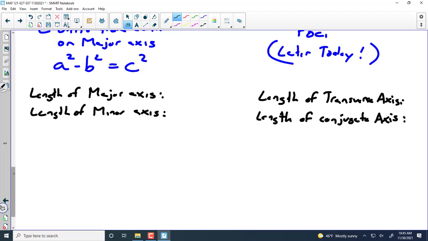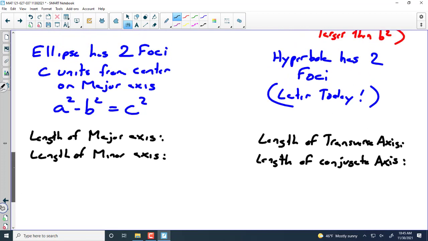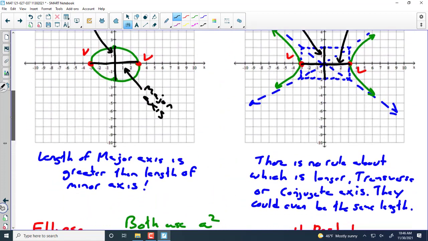Does anyone remember what the length of the major axis is in general? I don't mean for this one specifically, but does anyone remember the rule for the length of the major axis?